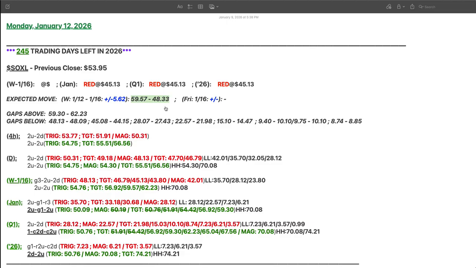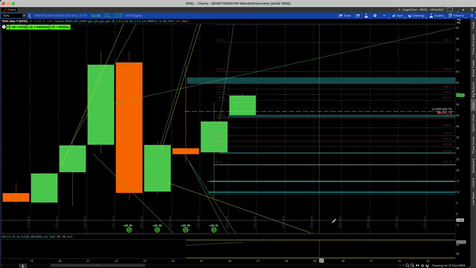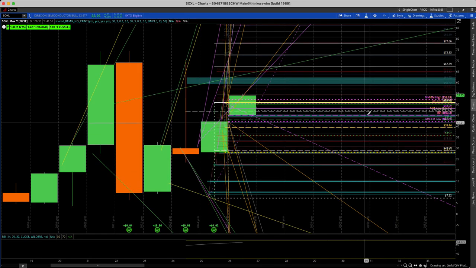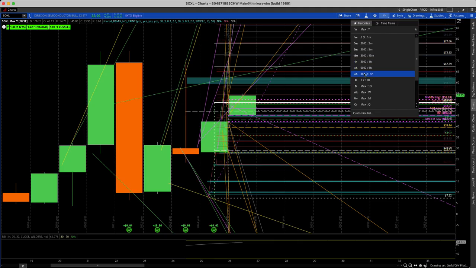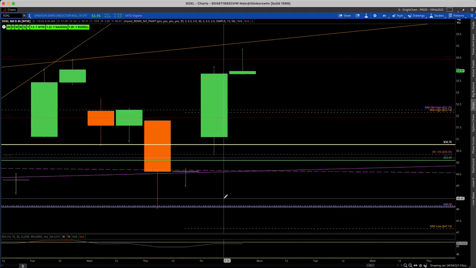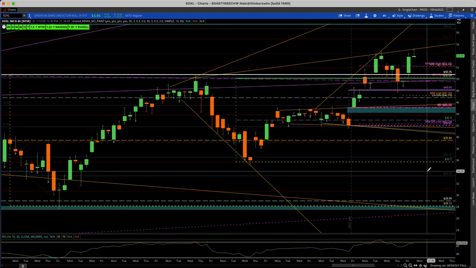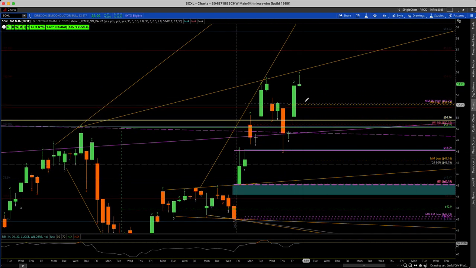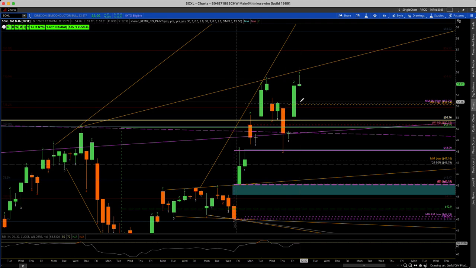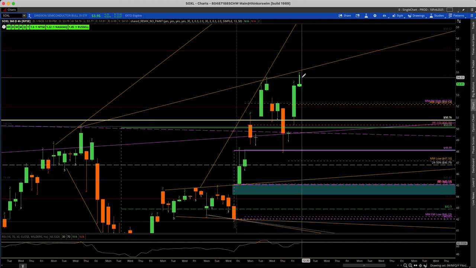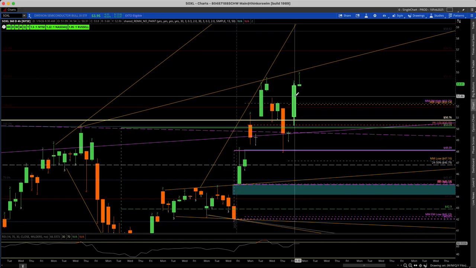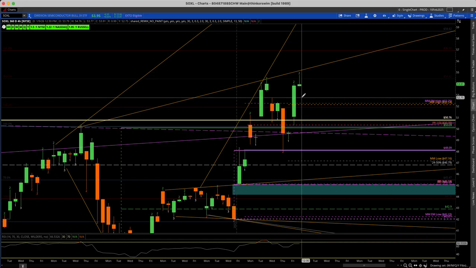And if we go back to the charts, let's look at this week's expected move. Let's just go to the 4-hour real quick. You can see the market maker's expected move is kind of where we had a little bit of resistance, right? Now we were able to break through it today with a nice strong move. Catalyst being the final numbers for the week being released, economic numbers.